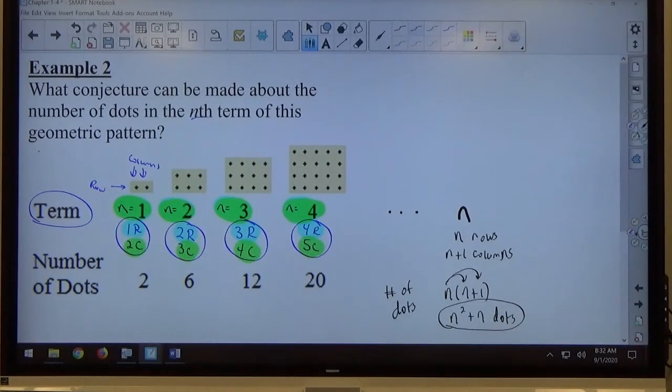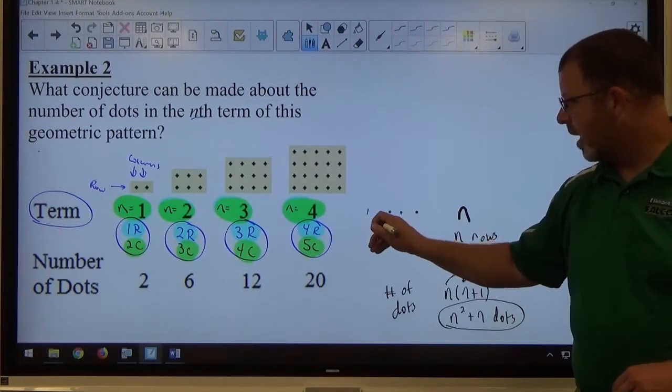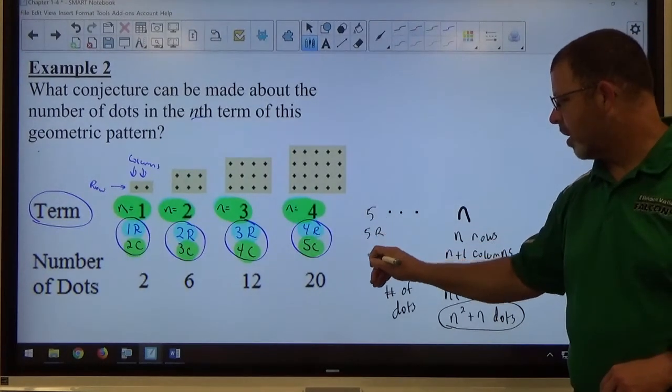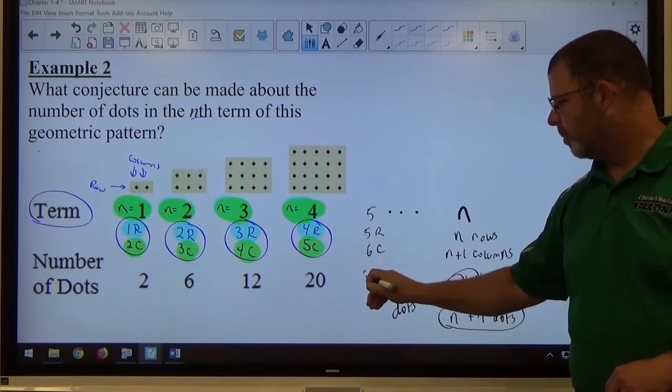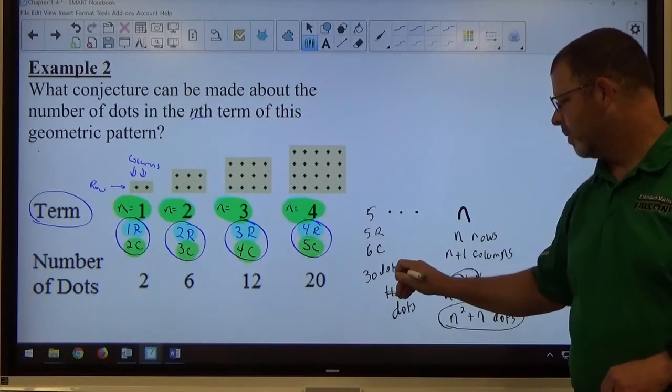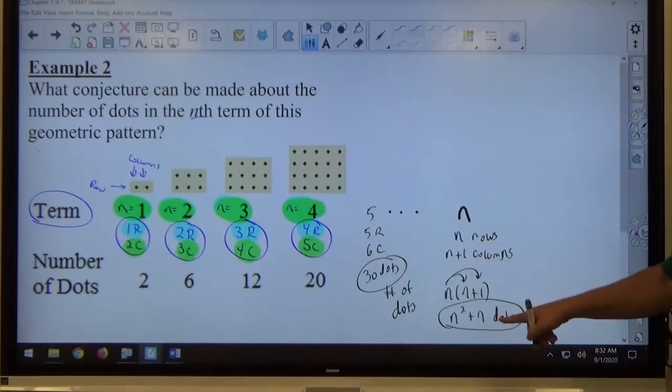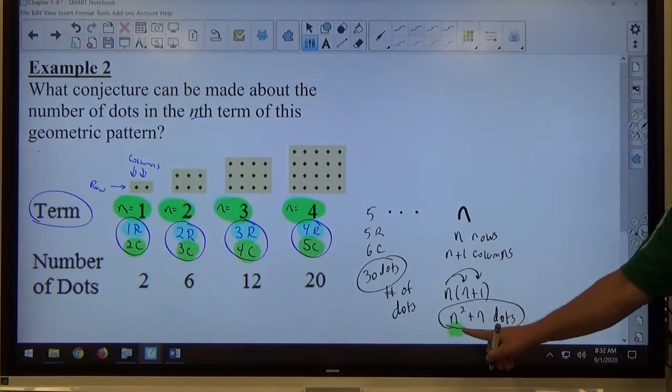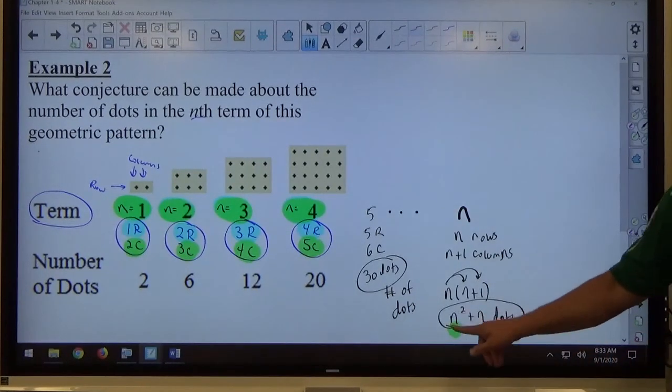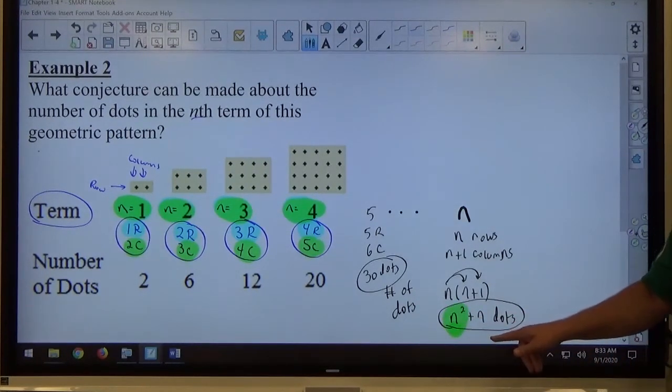If we wanted to test it out, we can very easily find out what term 5 should be, right? Term 5 should have 5 rows and 6 columns. 5 times 6 should be 30 dots, right? If we try 5 in here, what's 5 squared? 5 times 5? 25.